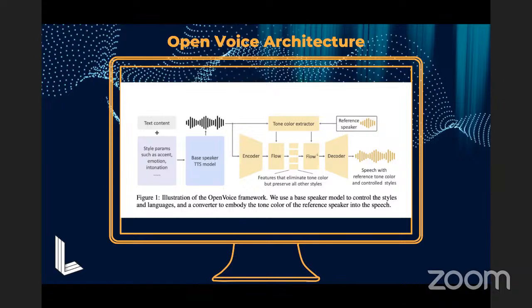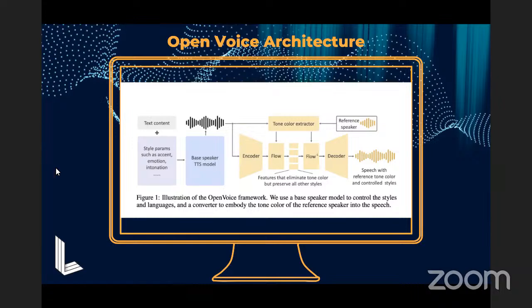This is our architecture. It will encode the reference speaker voice, then combine it with the textual context and the accent they want, and it will produce your desired result. So this is the basic architecture of the OpenVoice model.